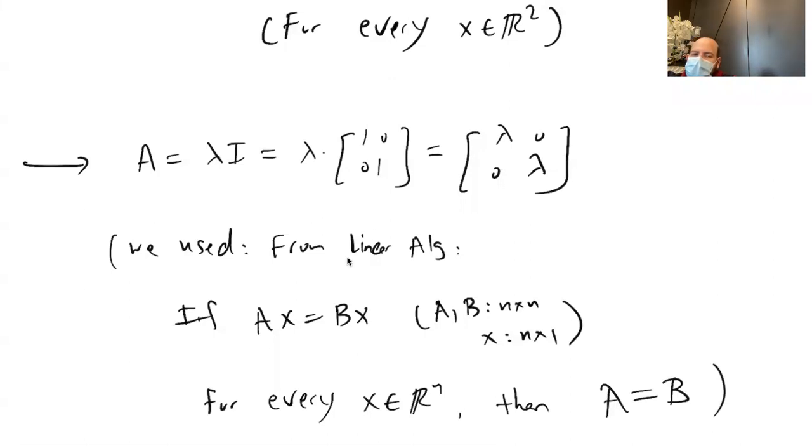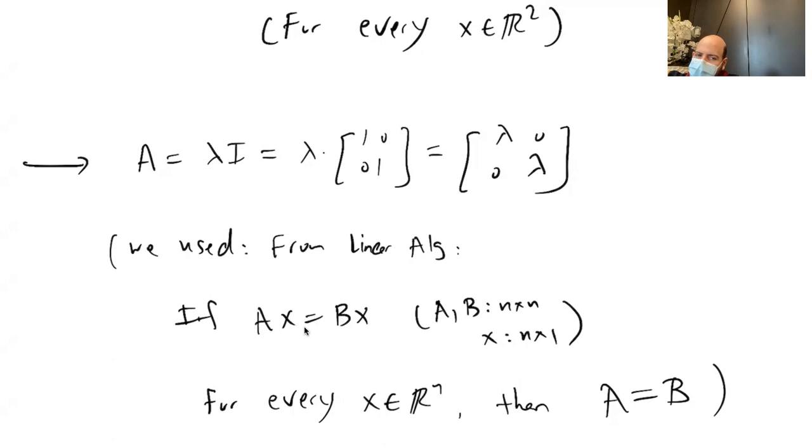One way to see this is to think about matrices as functions. AX, as you saw in linear algebra, defines a linear transformation. It's a type of function. Similarly, BX. So if you have two functions whose actions on every input are the same, those functions must be the same, as long as the domains are also the same. So that's one way to see this.